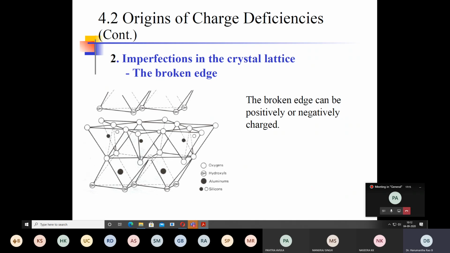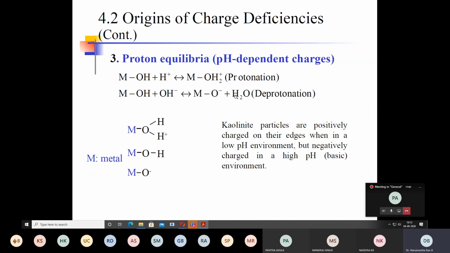So when there is a breakage here also, literally you are breaking the oxygen. So the oxygen is deficient, it's not balanced electrochemically. Therefore it always tries to get neutralized by attracting other ions. So as a whole, the broken edges can cause some kind of charge deficiency in the particle.